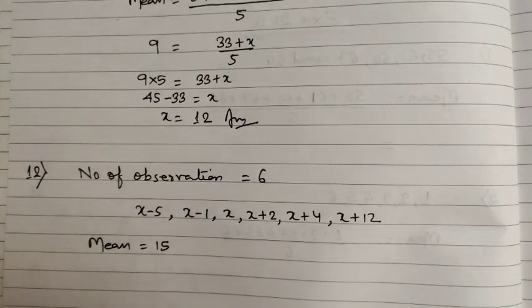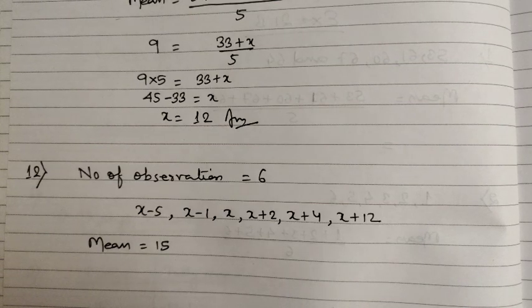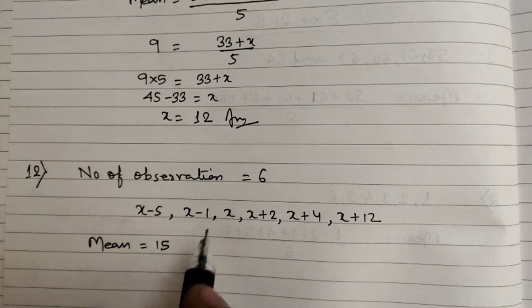Find the mean of the first 4 numbers. It means first we have to calculate the value of x, and after getting the value of x, we can calculate the mean of the first 4 numbers.